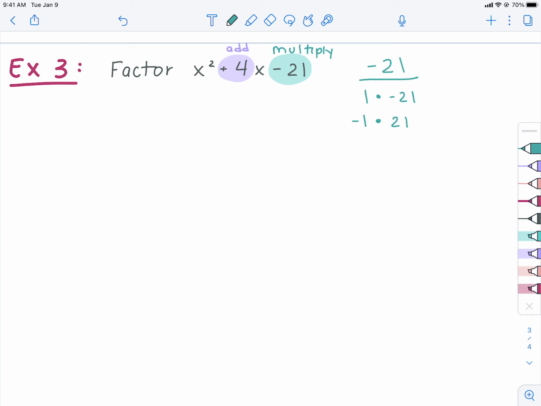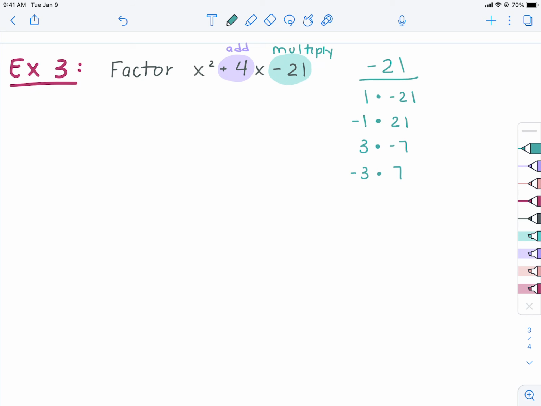No. But 3 does, right? 3 times negative 7, which also means I could have negative 3 times positive 7. 4 doesn't go into 21. 5, 6 doesn't. And now I see that I've already used 7 as a factor, so I've checked every possible number for factors.